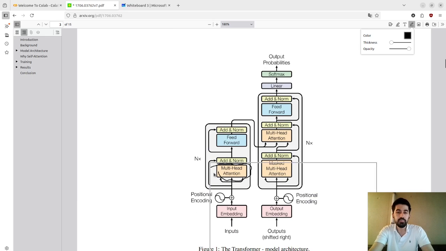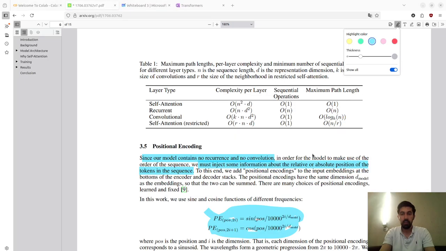So this is the multi-headed attention. We have different parts as well. We have the positional encoding now. And so now we reach the part of positional encoding. Before we talk about positional encoding, we should first dive into vectorization and how it happens.